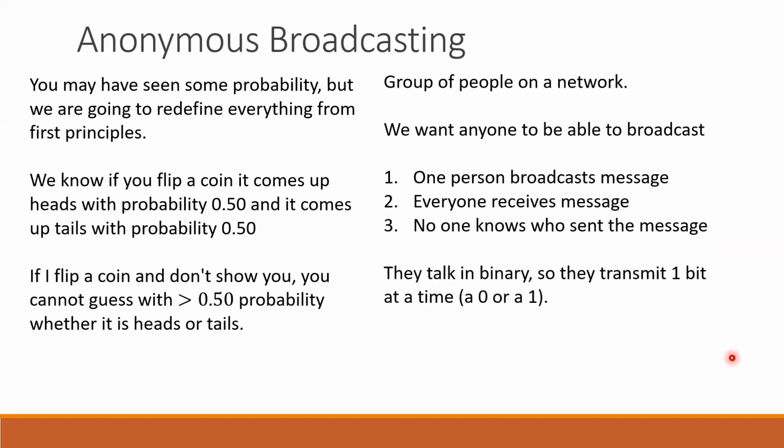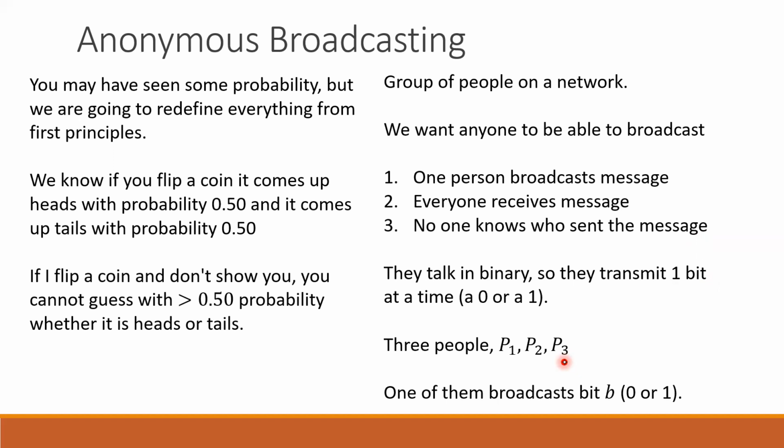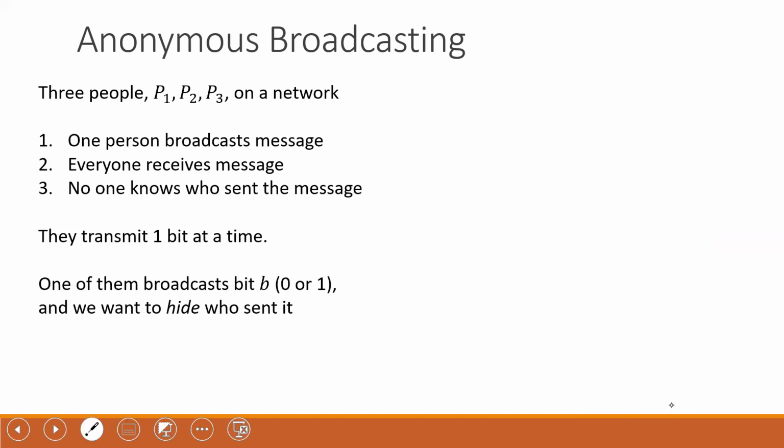In this example, they talk in binary, so we transmit one bit at a time, either a 0 or a 1. To keep it simple, we'll use a network of 3 people, the minimum number you need for this example, and one of them will broadcast a single bit B that's either a 0 or a 1.